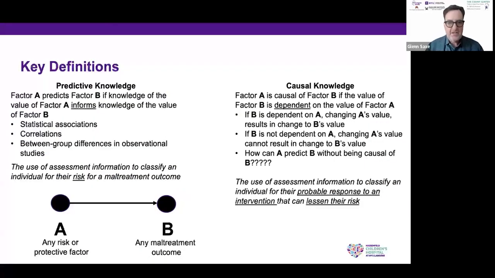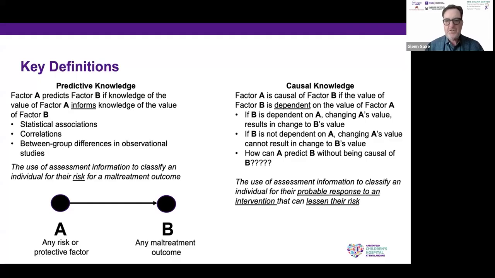And then I defined, and let's all be grounded in basic definitions because everything builds on top of this: if you see two variables, two factors, A and B, A would be any risk or protective factor, B could be any maltreatment outcome.